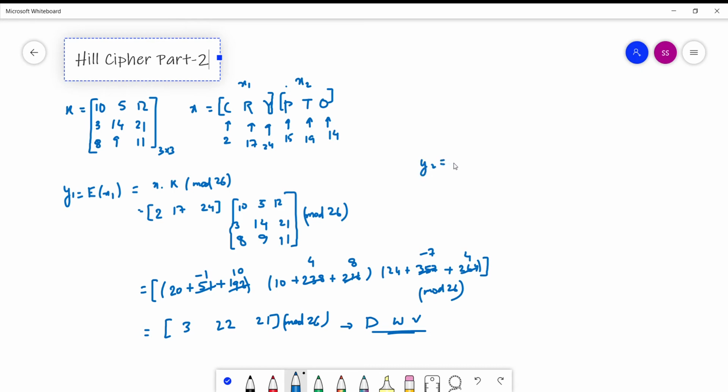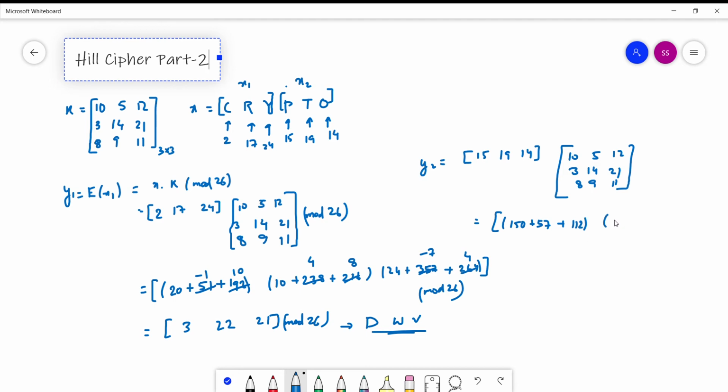So y2 is equal to, my x2 is 15, 19, 14 and my key is 10, 5, 12, 3, 14, 21, 8, 9, 11. If you multiply this, you will get 150 plus 57 plus 112.